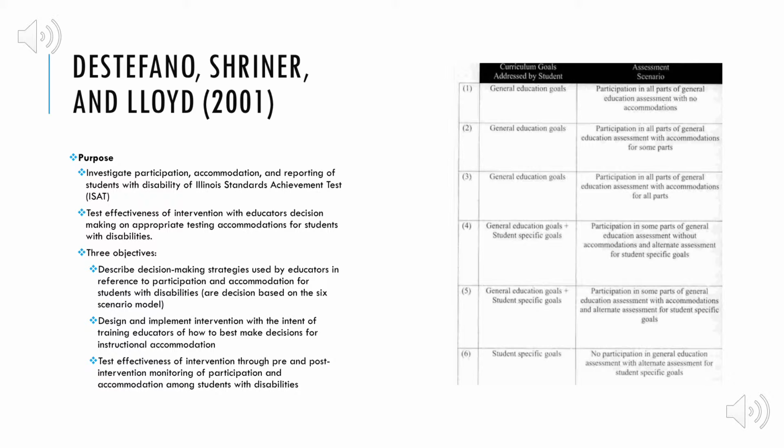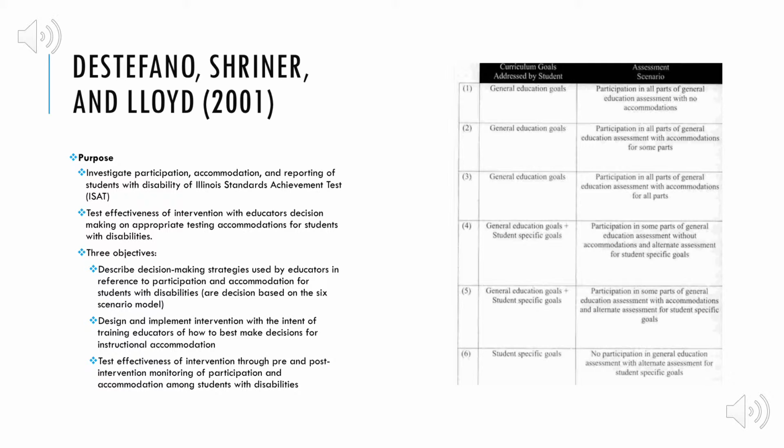They set out with 3 objectives, the first being to describe decision-making strategies used by educators in reference to participation and accommodation for students with disabilities based on the 6-scenario model that I provided a snapshot of on the right side of the screen.